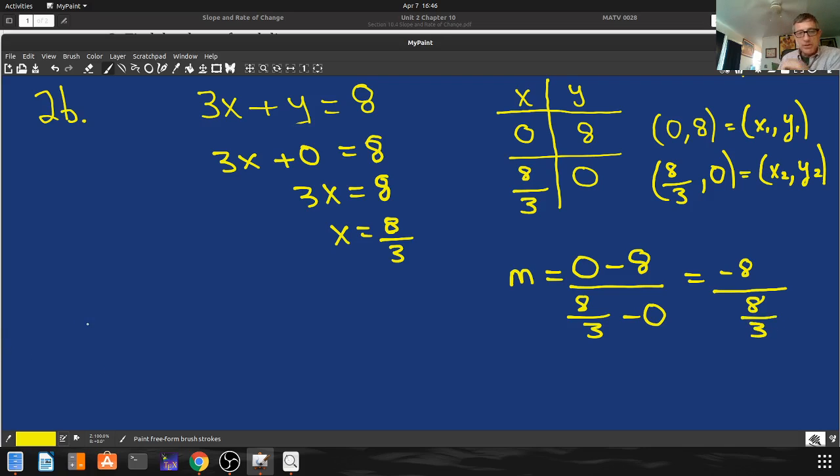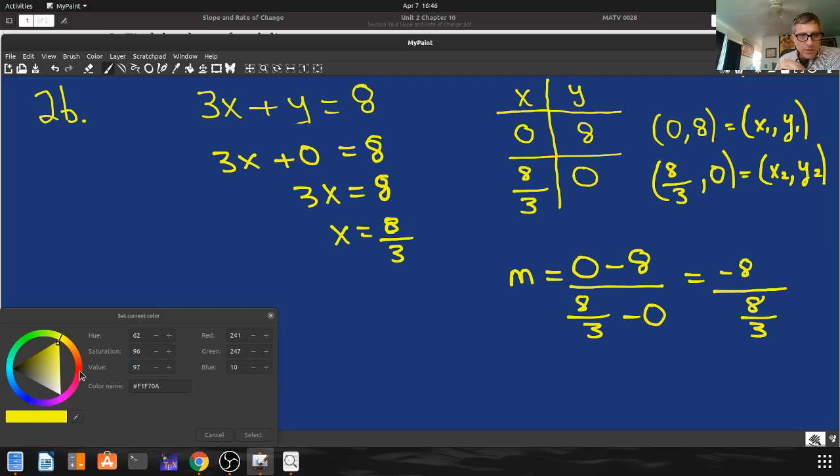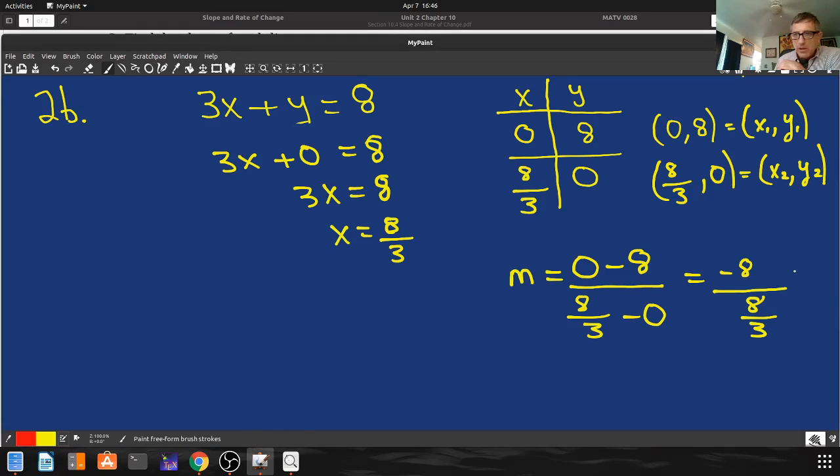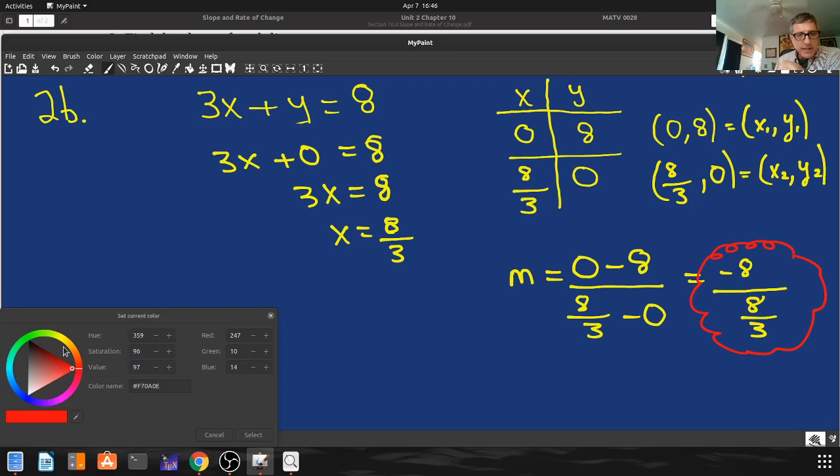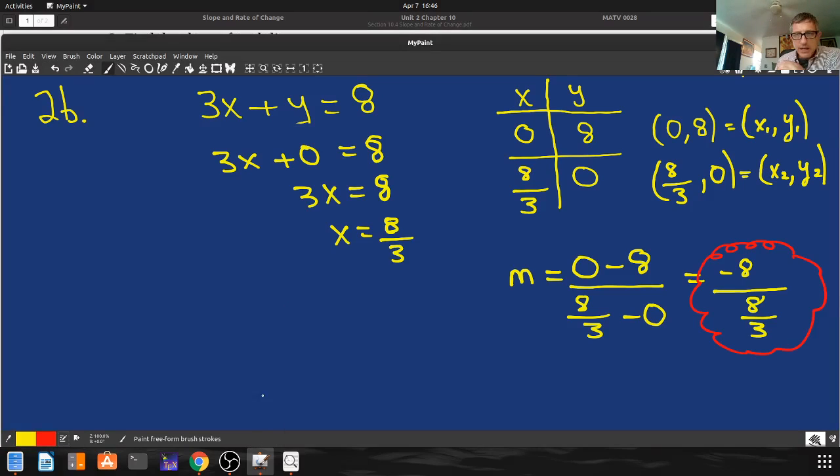But remember, this right here, what I'm asking you to do, you say, oh no, what am I supposed to do? Just rewrite it. You're dividing. It's telling you to divide minus 8 divided by 8 thirds. And how did we learn how to do that? We make both of them fractions.